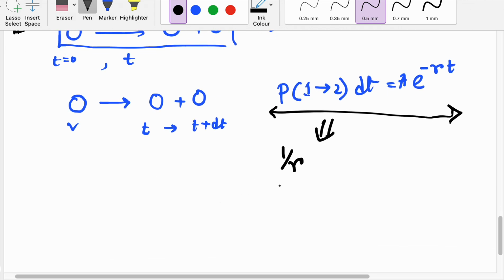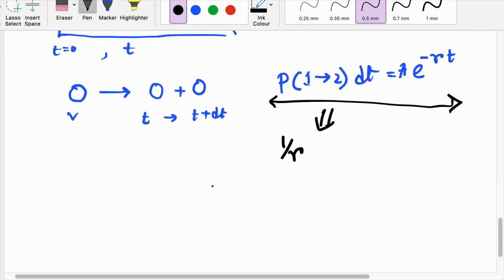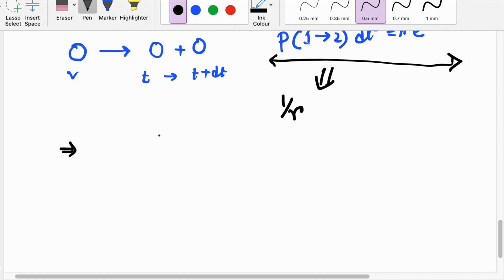Now if the average reproduction time is 1 by r, and at that time suppose Nt number of individuals are there, what will be the rate of change of this Nt?